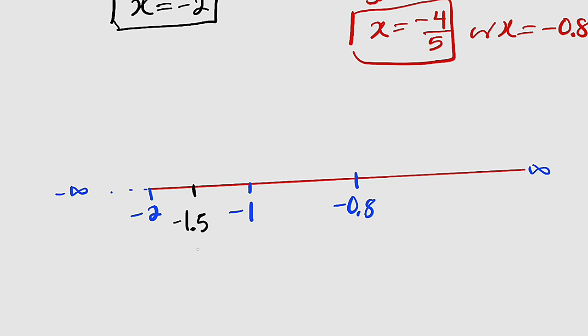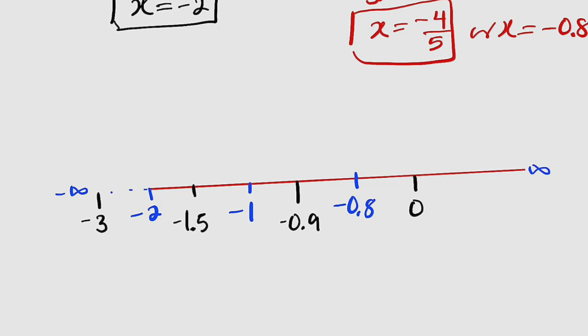This is a value I'm going to test. To the left-hand side of negative 2, we could have negative 3. In between negative 1 and negative 0.8, we could have negative 0.9. And to the right-hand side, let's choose 0. So I'm going to test these four numbers.